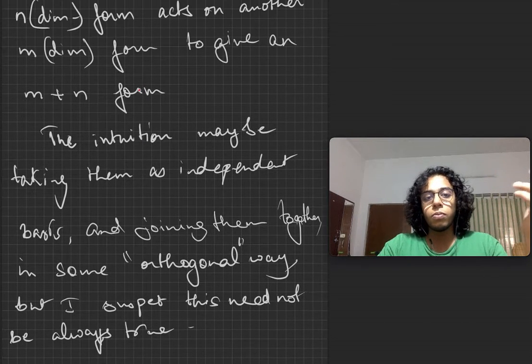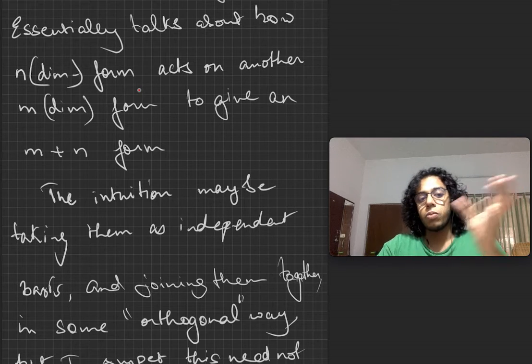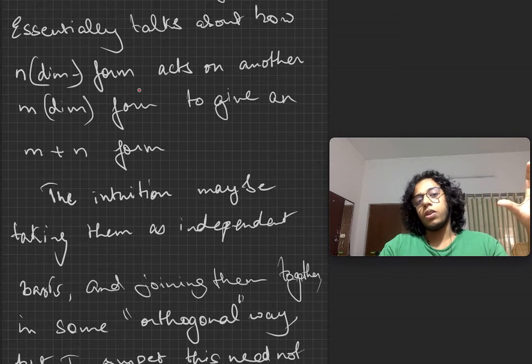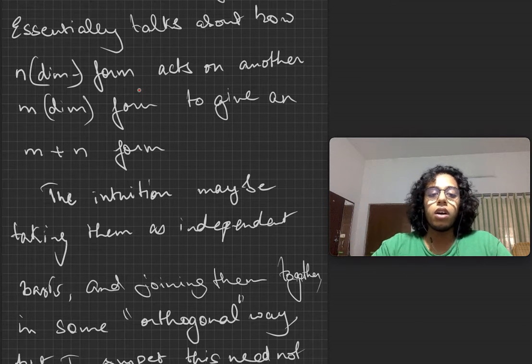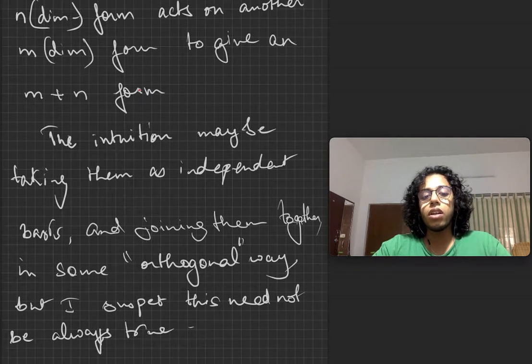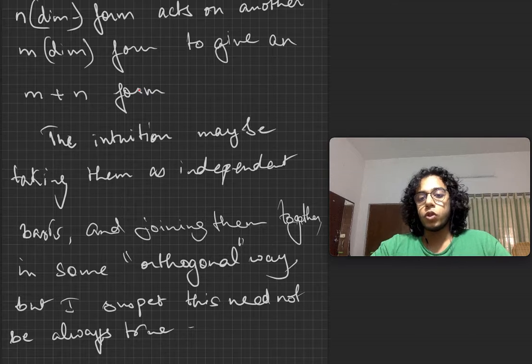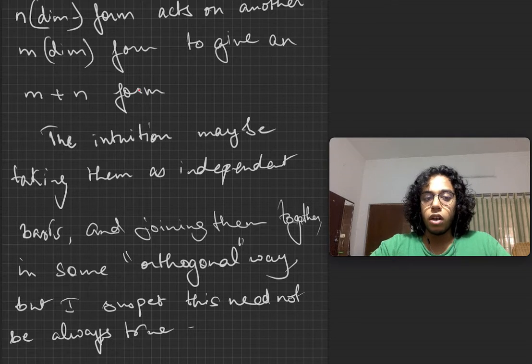So the intuition behind this whole m dimension, n dimension is that an m plus n dimensional form is basically, if you have a basis for your n dimensional form, that is du1 wedge so on up to dun.